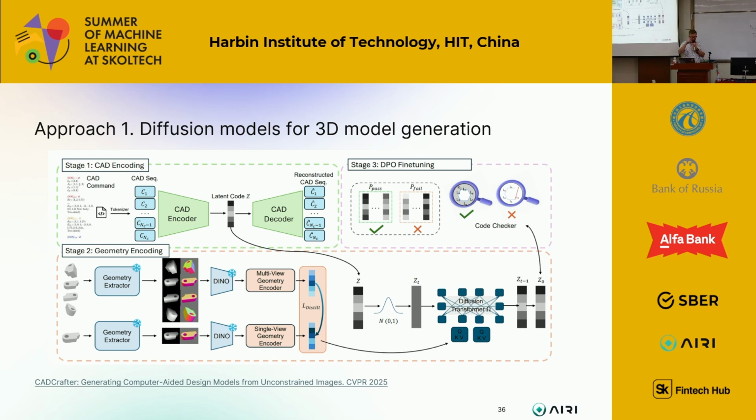After that, we take the latent code of the textual description. We add, in terms of attention, the information about the latent representation of the geometry, and try to train the diffusion transformer denoising operation to find out how this latent code can be generated by using only visual representation, and finally receive the latent code that can be used for the CAD decoder on the first stage to reconstruct the number of operations, the sequence of operations and the operations themselves in this diffusion-like process.